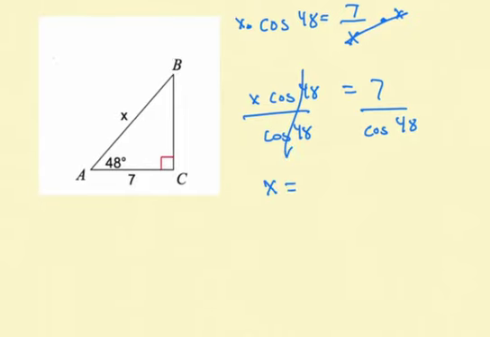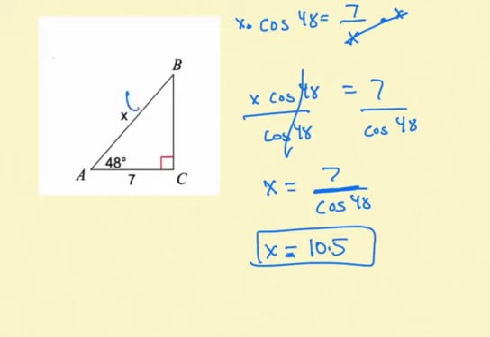So we'll have x equal to 7 over the cosine of 48. Now, the last part, this has got to be done in the calculator. So I'm going to put that in my calculator, and I'm going to round to the nearest tenth, and that gives me 10.5. Okay, so I've answered the question. I can come up and label it here also. So that side is 10.5.